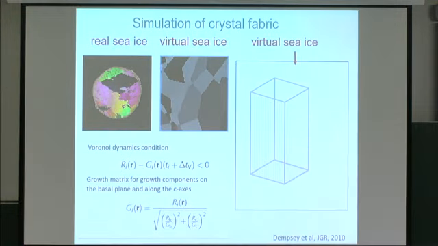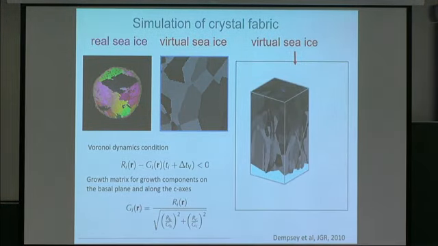What we end up with, is switching off the entire thing. Try that one. Here we go. So you get a set of crystals that grow into your volume, and it's a three-dimensional thing. We can take a horizontal plane through that. On the middle right, our virtual sea ice is a horizontal plane through that crystal.